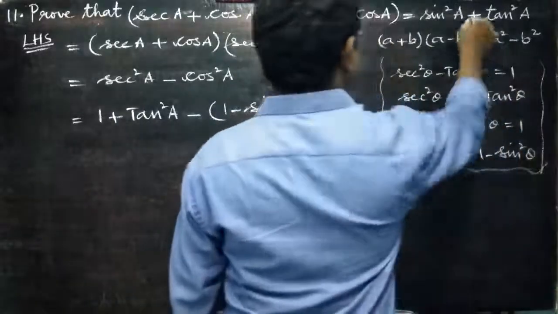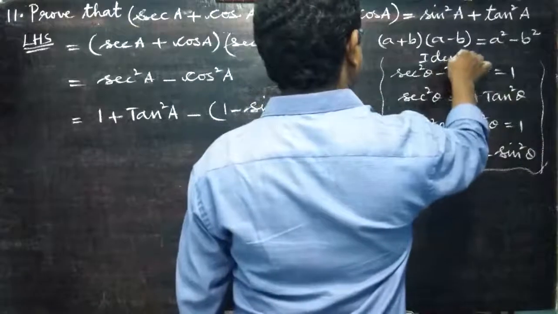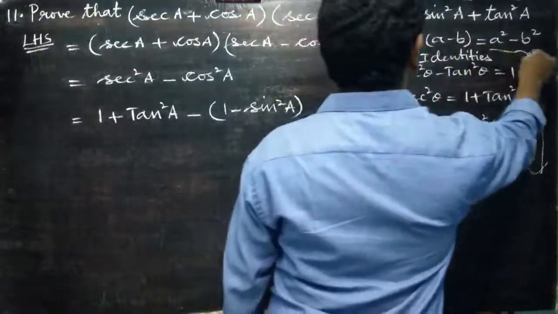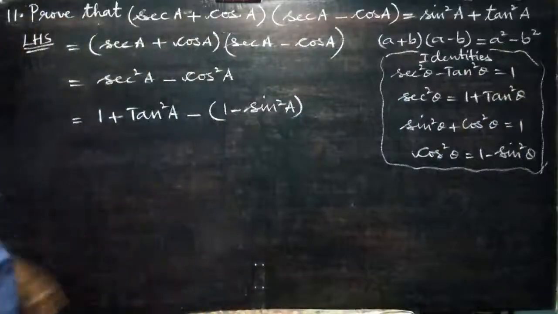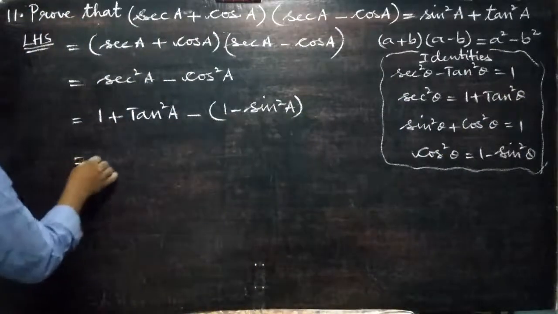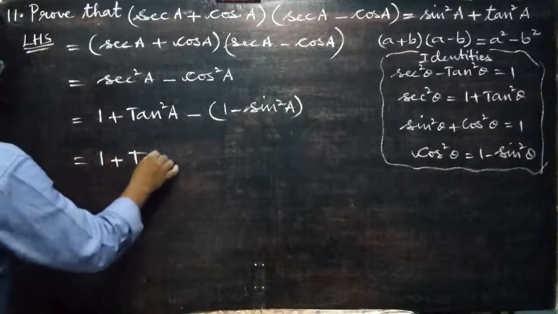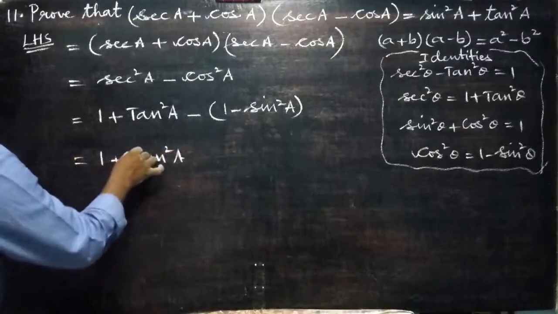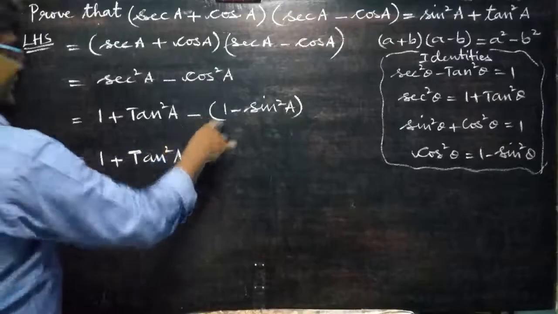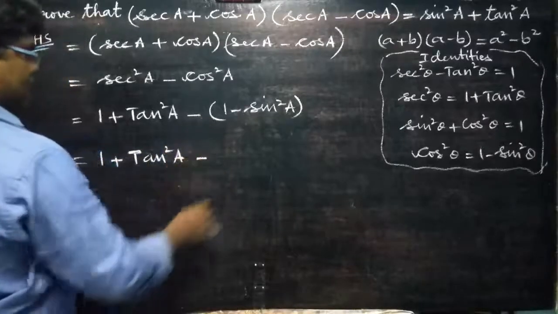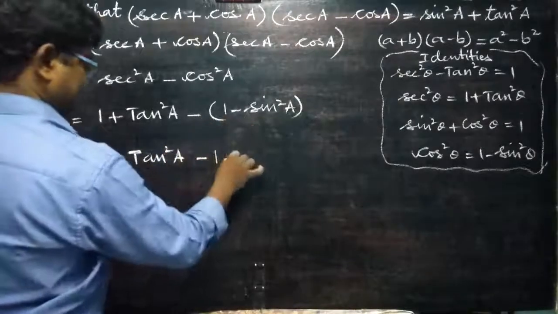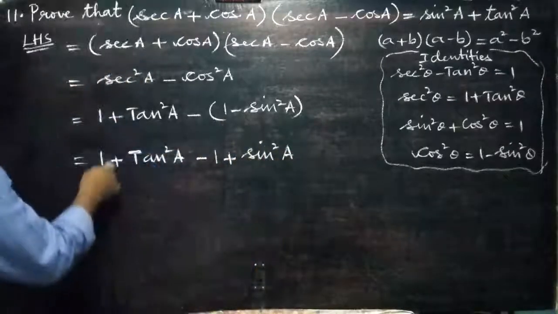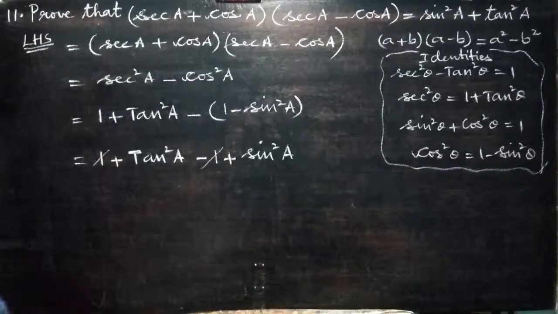These are identities. From identities we got. So this is algebra formula. These are identities. Compulsory you have to mention. Now replace. Send minus inside. 1 plus tan square A, minus 1 minus sin square A. Minus into minus, plus sin square A, plus 1 minus 1 get cancelled.